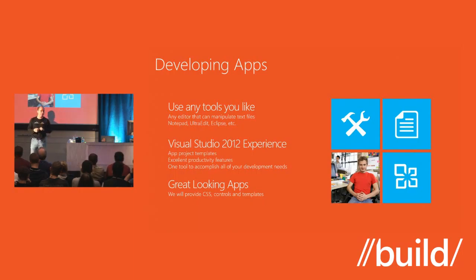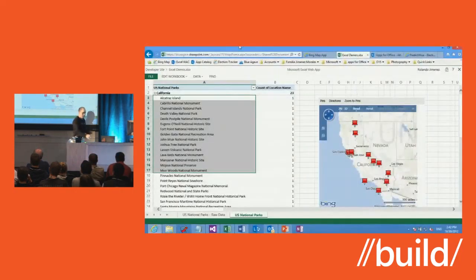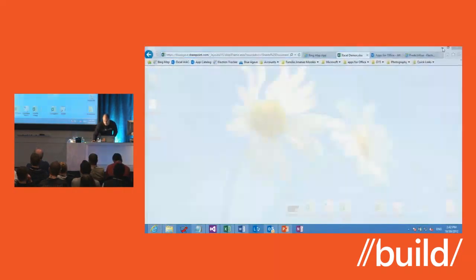There's going to be another session, which we're going to reference at the end, that will cover the tooling experience in much more detail. But hopefully in this session, you'll get an idea of what the end-to-end development experience for apps is. So I'm going to switch back to the demo environment and just switch gears.